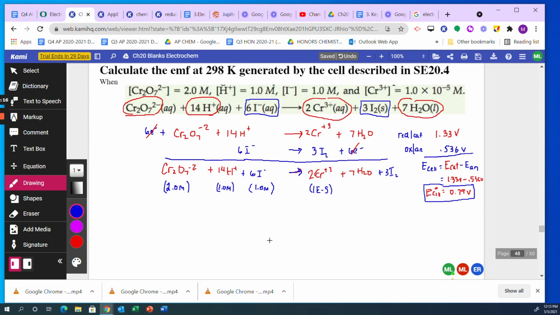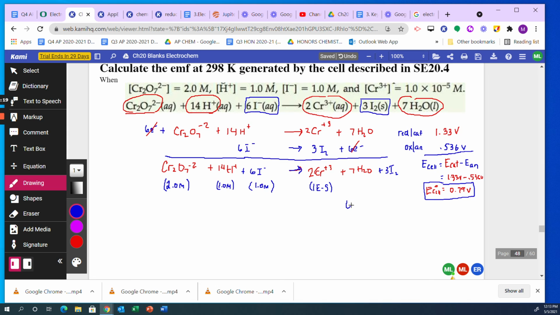Okay, so I'm going to go ahead and solve for Q. Q is equal to Cr3 plus squared over, again, this is liquid and this is a solid. You don't need to write those.